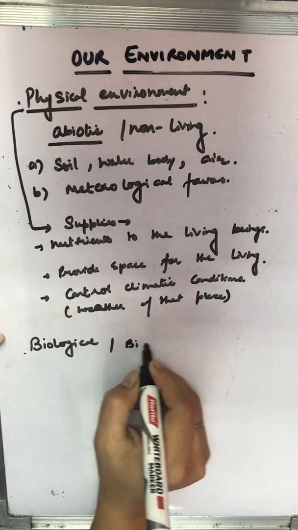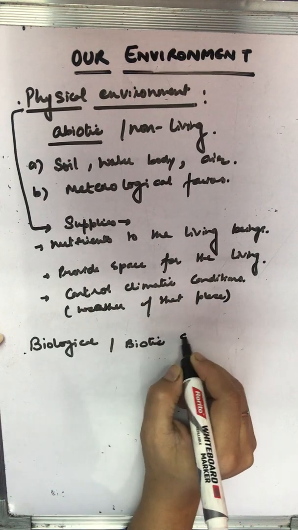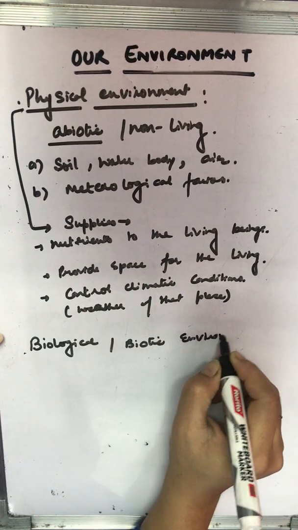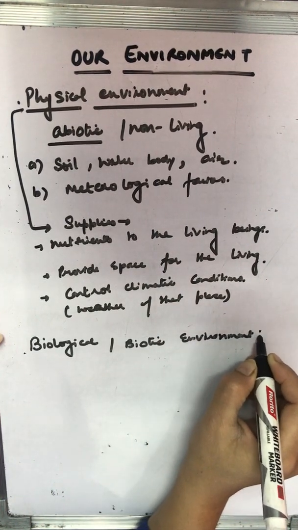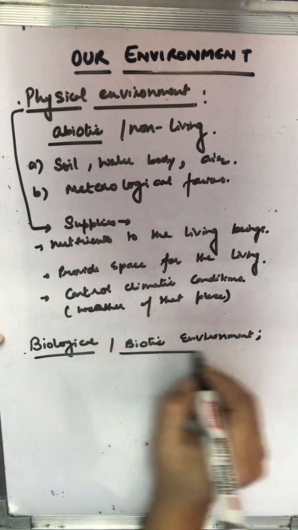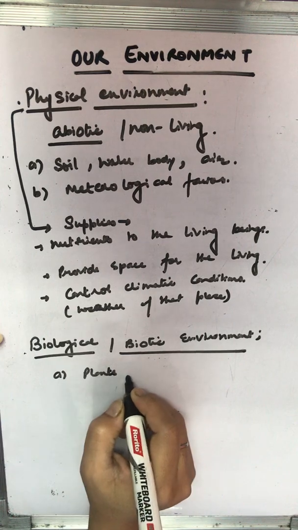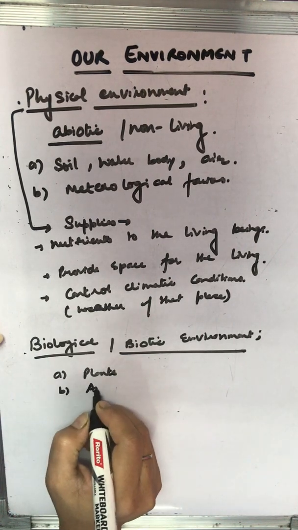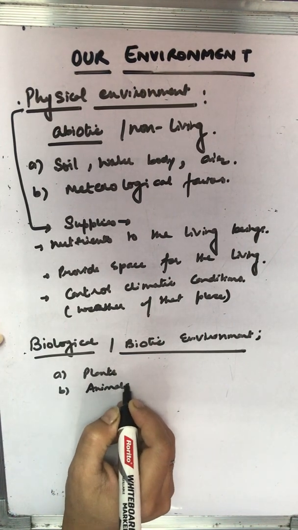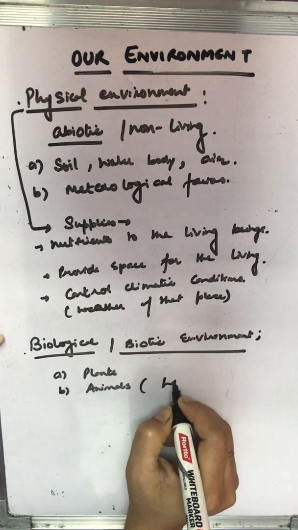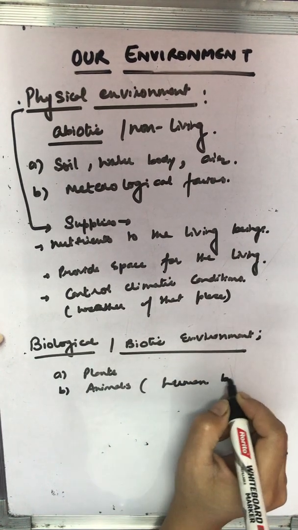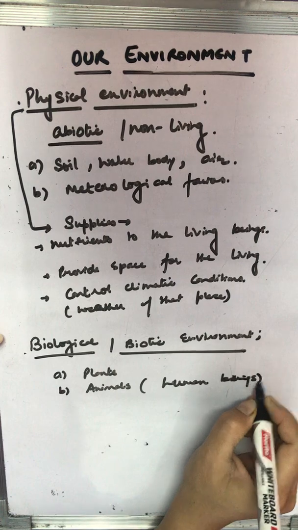Fine. When we talk about the second, that is the biological or the biotic environment, we talk about plants, animals. We have to include ourselves as well, so including human beings.